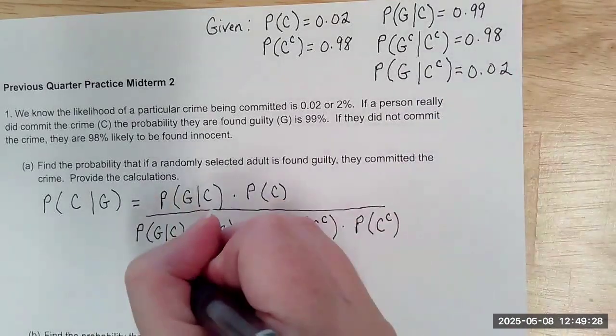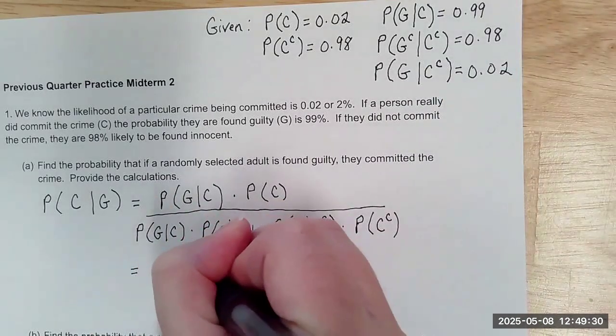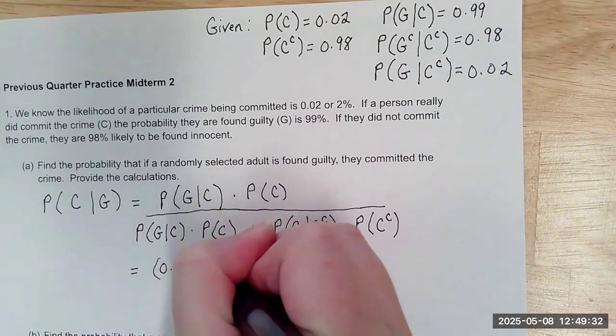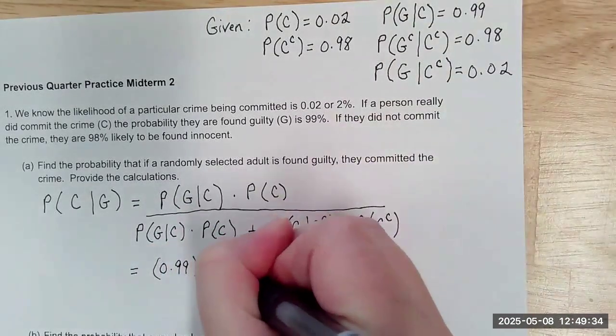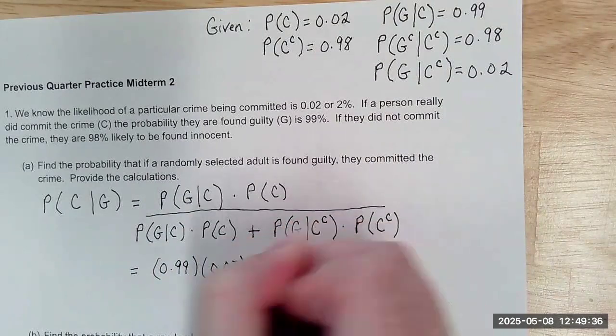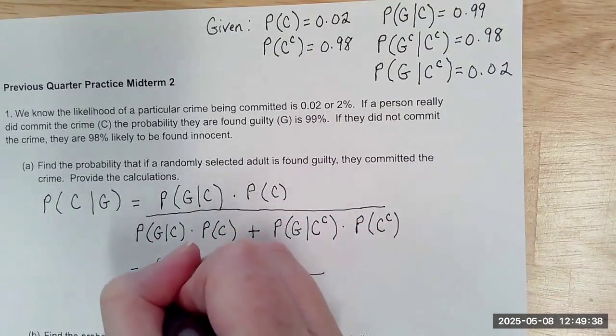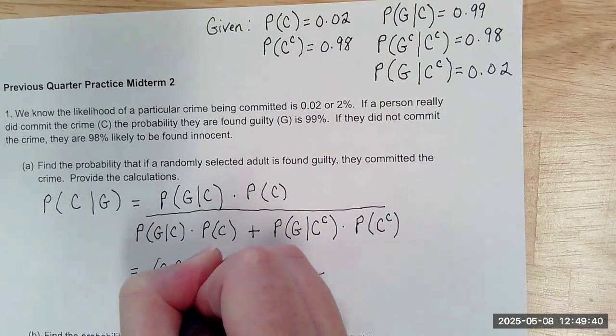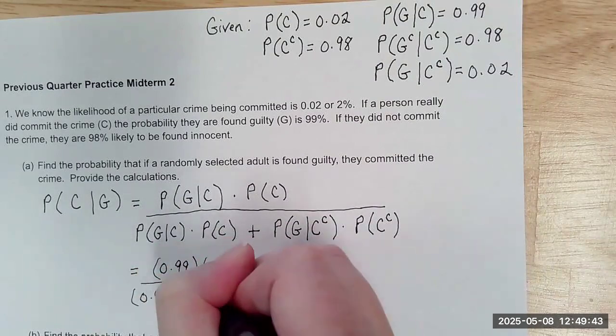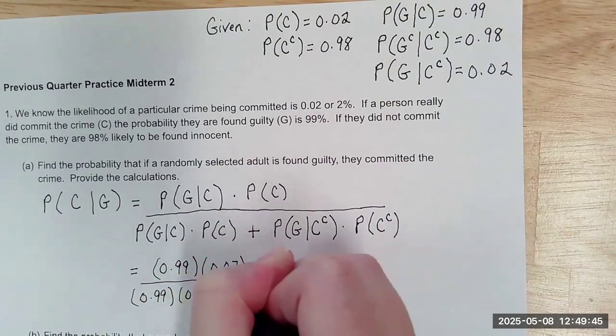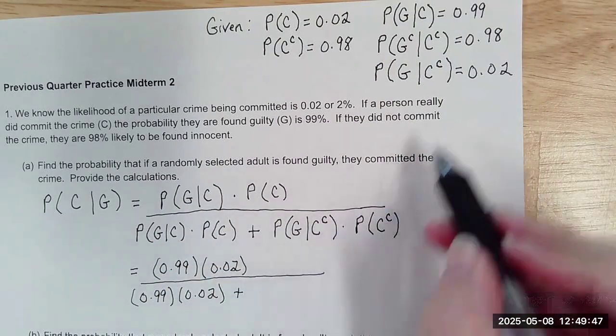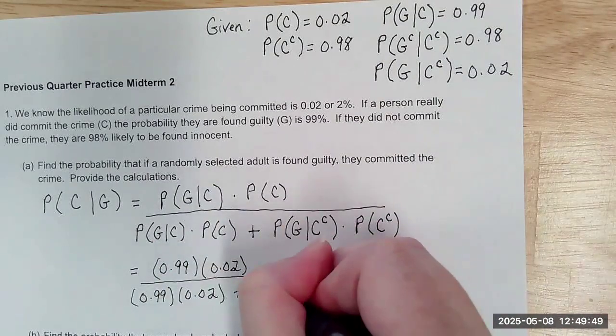So G given C is 0.99. Probability of C, 0.02. Writing the exact same numbers again. Probability of G given C complement is 0.02.